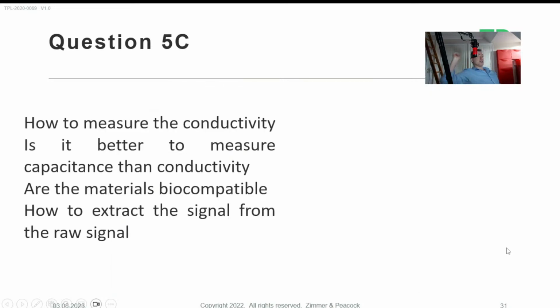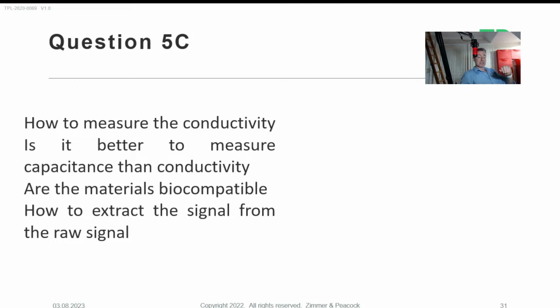The person's asking here, should I be measuring conductivity or capacitance? I think that question comes when you've got your data. We gather the data and then we say, okay, now we've got our data, especially if people are working with us, we can put the data into Julie and very quickly optimize the best way of extracting the information out of the data.